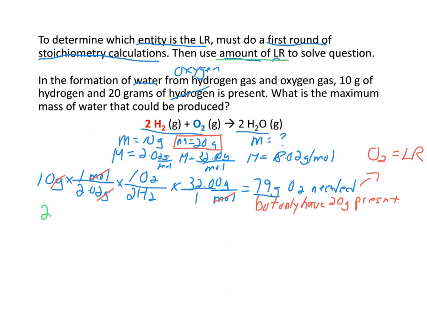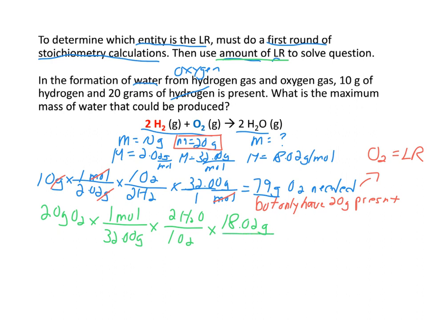20 grams of oxygen divided by the molar mass of oxygen, which is 32. And then the mole ratio between water and oxygen, we have 2 water for every 1 oxygen. And now multiply by the molar mass of water, 18.02 grams per mole.